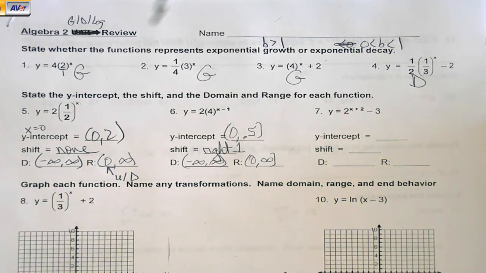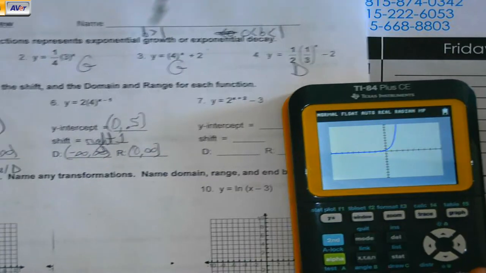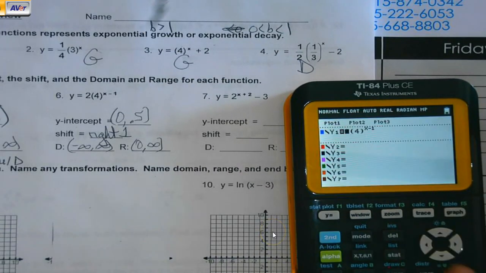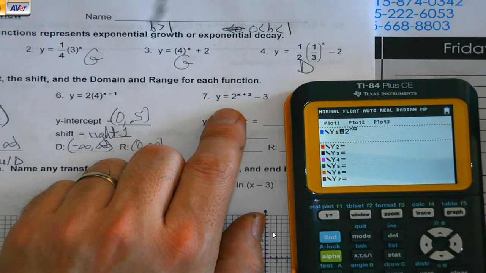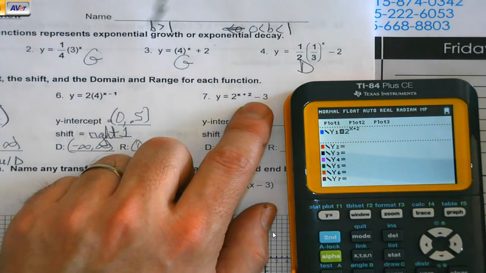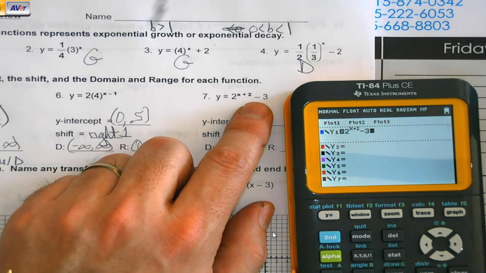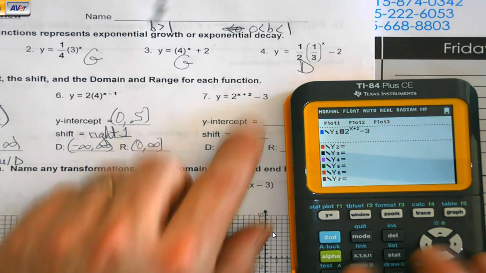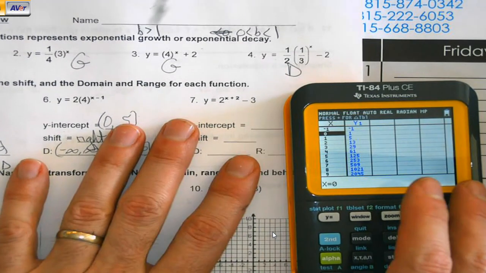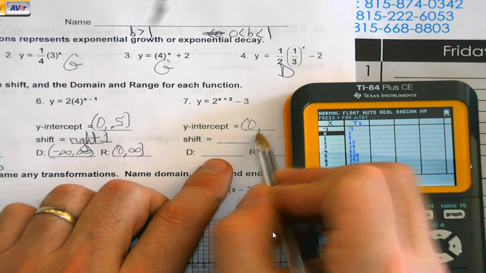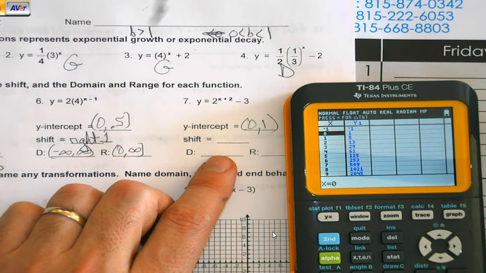Now when I get to my last one, oh, now it may become clear to me, at least I hope it will if it hasn't already. So I type my last one in. Biggest thing I can get myself into trouble on this last one is making sure my -3 isn't up in the exponent, because that'll get me a different answer. So here, y-intercept: steal it from my chart, from a coordinate where x equals 0.